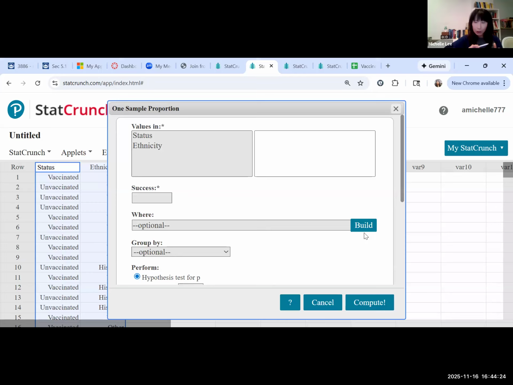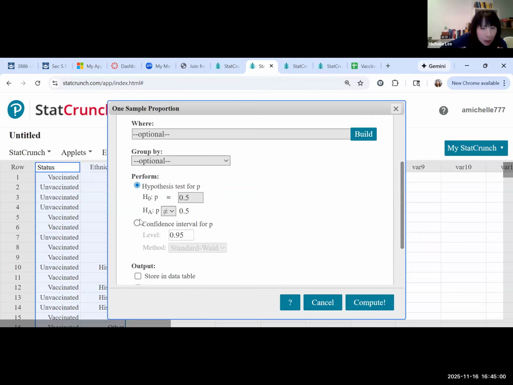All right, so values in, we are going to use vaccinated. So look, status has all the vaccinated, right? So click that. Okay, then successes. How many successes? Oh, we don't use that number. We are using vaccinated. Let me copy vaccinated.